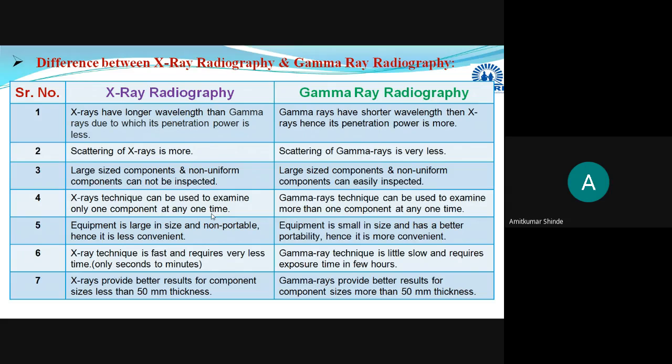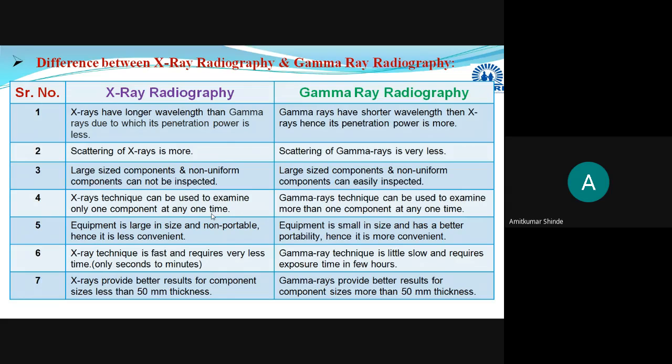This question was asked in GATE 2012 in radiography technique. A radiography technique of detecting defects is based on the principle of, okay, on which principle is this radiography technique of detecting defects based?